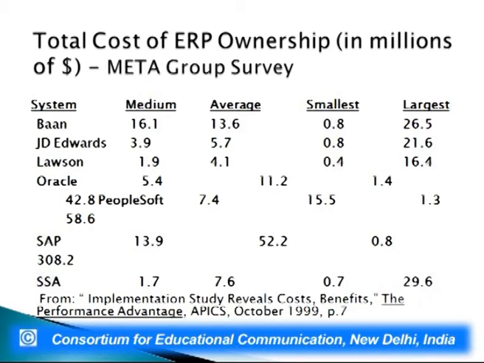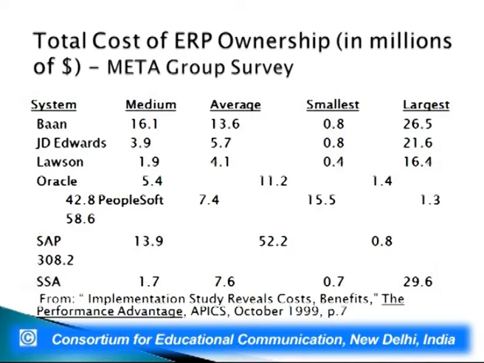Now you can see some kind of costing pattern. If a system we have just taken, BaaN, J.D. Edwards, Lawson, Oracle, you can see if you are looking at medium, average, smallest and largest, you will find how the costing patterns are going to be different.